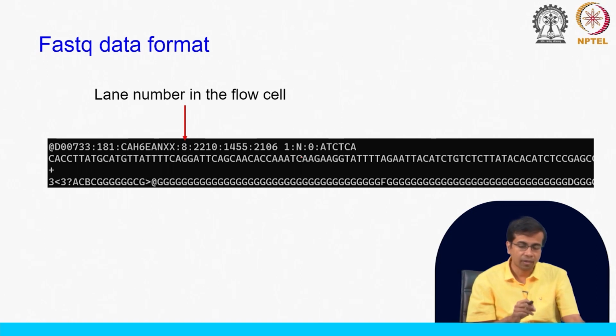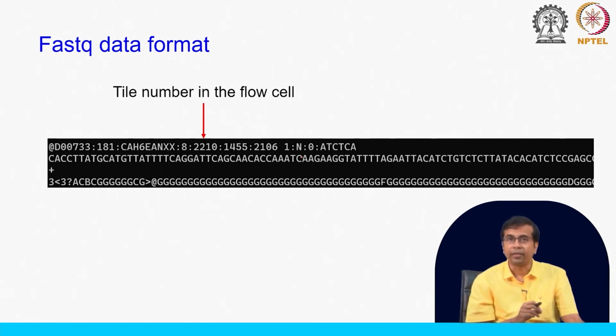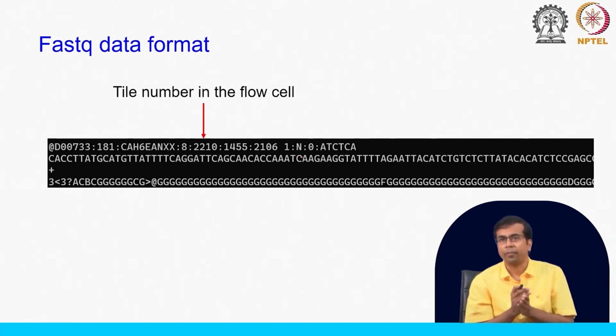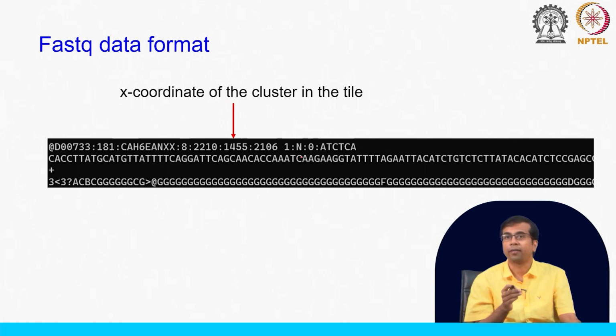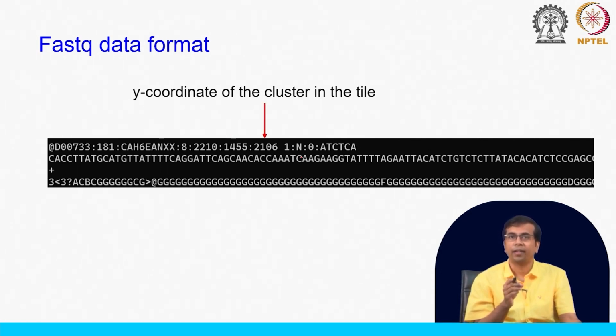The next three fields show the position of this read in the flow cell. You have the tile number, 2210 here, which is the tile number in the flow cell. Then you have the x coordinate of the cluster in the tile, where the cluster is present, and this is the y coordinate of the cluster in the tile.